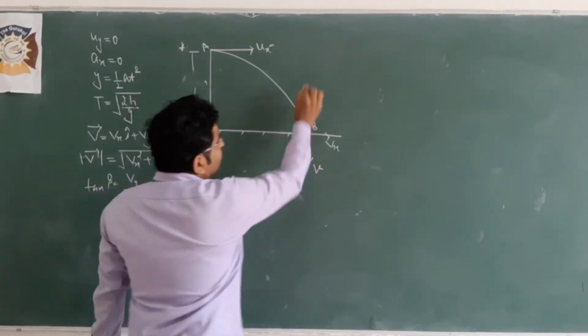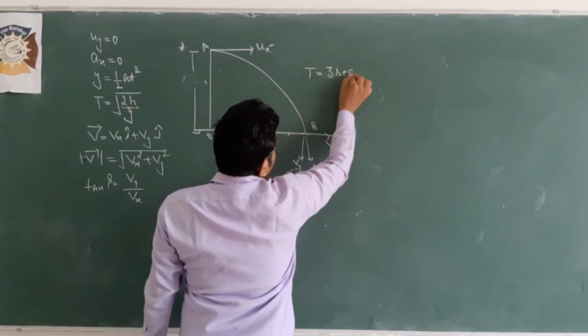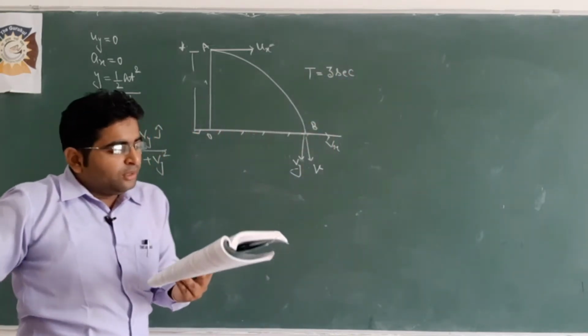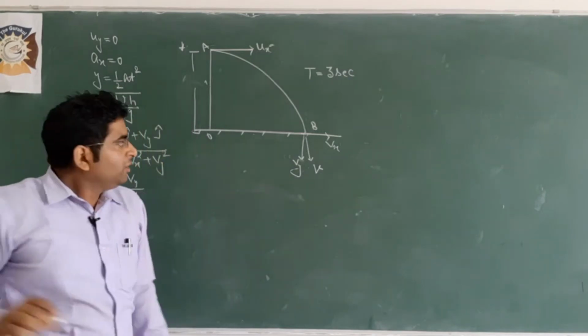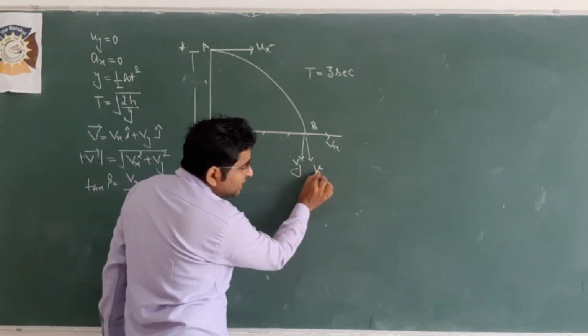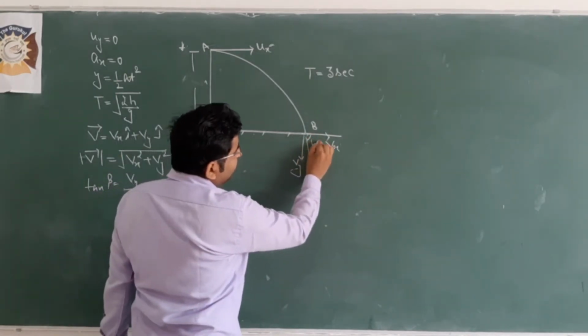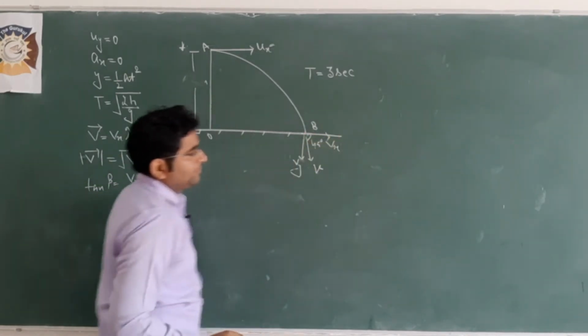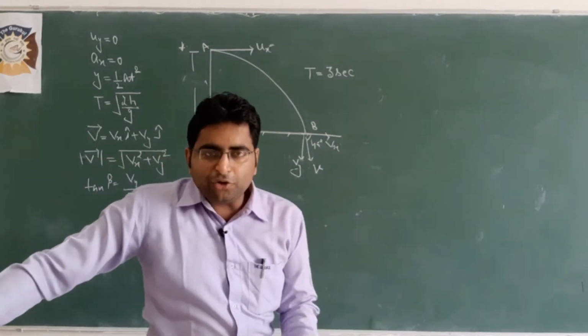It means the time of flight, that is capital T, is given to us as 3 seconds, at an angle of 45 degree with the ground. So beta, the resultant velocity of the body is making an angle of 45 degree with the horizontal. Clear? Okay, now find the height of the tower.